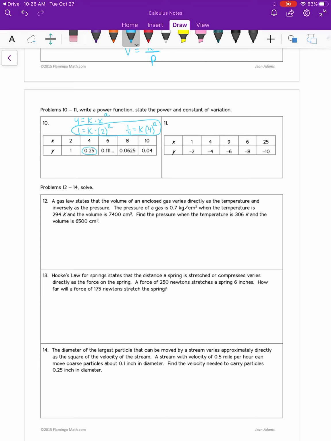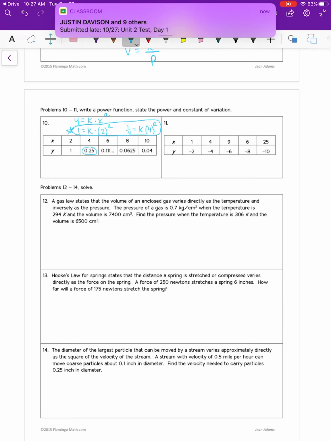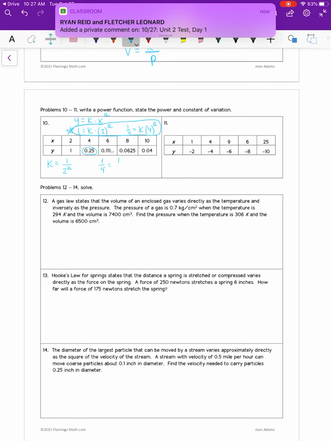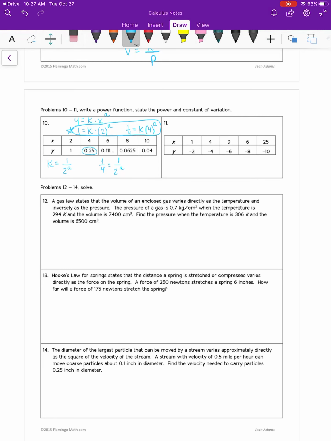So we just have to decide what we want to substitute. I thought that if I solved the first one for k, I could just divide by 2 to the a on both sides. So my k is equal to 1 divided by 2 to the a. Then I could come over to my second one and say 1/4 equals, and I would put in 1 over 2 to the a. And this 4, I'm actually going to make 2 squared.